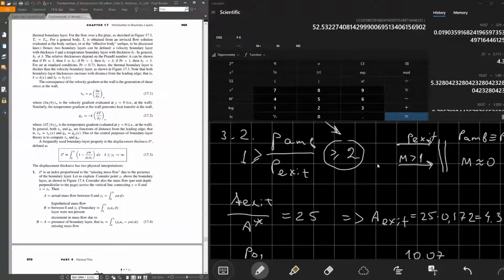So this is how we can determine whether there will be an oblique shock wave, no shock wave, or a normal shock wave. I will probably write here no shock wave, right? This case here, if the ratio is 1 or even smaller than 1. If it's in this ratio from 1 to 2, it's the oblique shock wave, and if we are here and going in this direction, it's the normal shock wave.